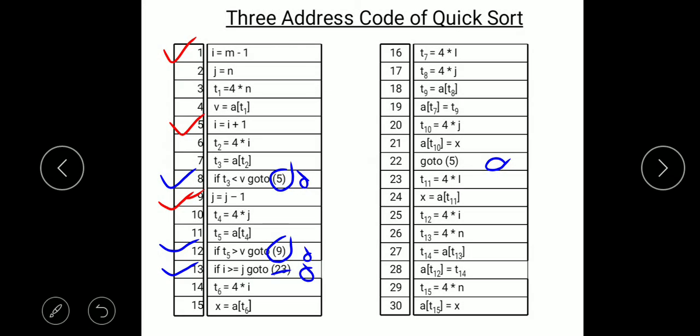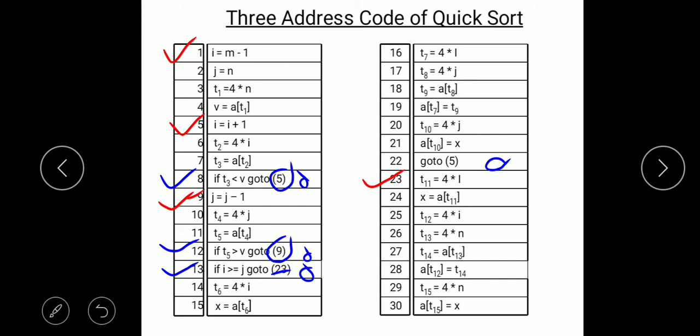Using rule number 2, statement number 23 would be a leader statement. Why? Because statement number 23 is the target of a conditional go to.